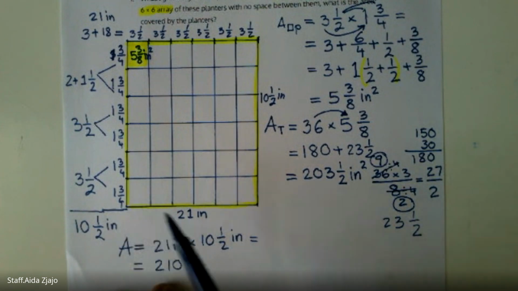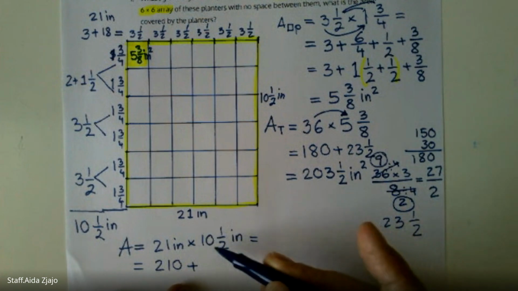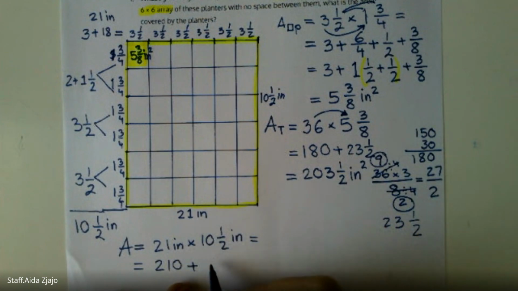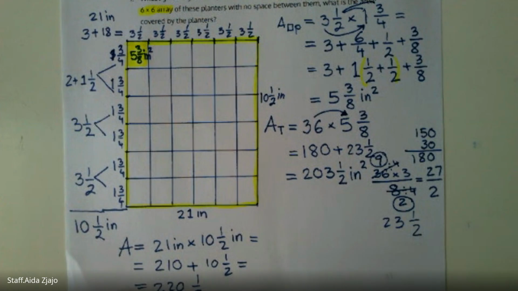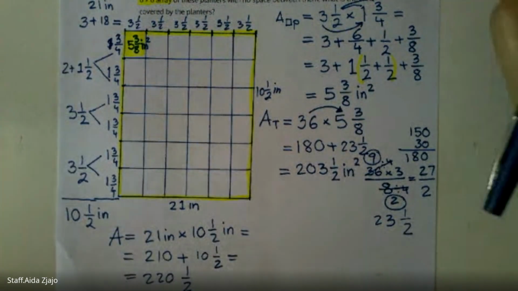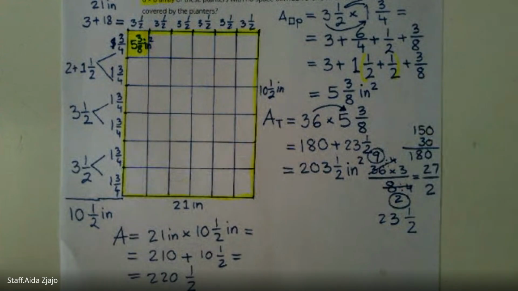I think I messed up somewhere. So in this way I got the area 220 1/2, which doesn't match with my previous work.